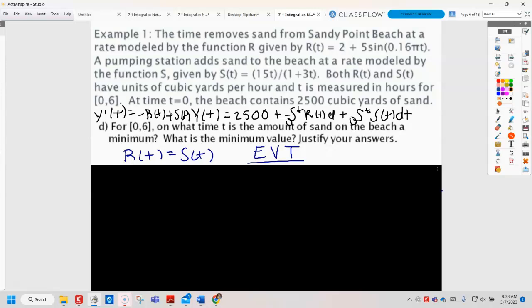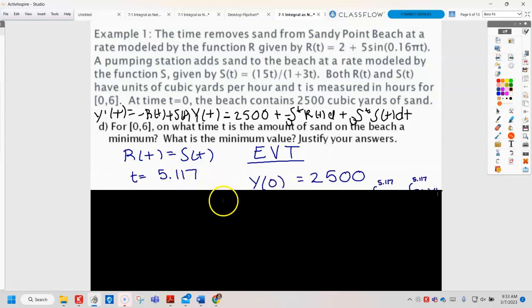So you started at 0, 2500. I get that r of t equals s of t at 5.117. And we get that by second trace intersect on your graph. So then I need to know y of 0, y of 5.117, and y of 6.